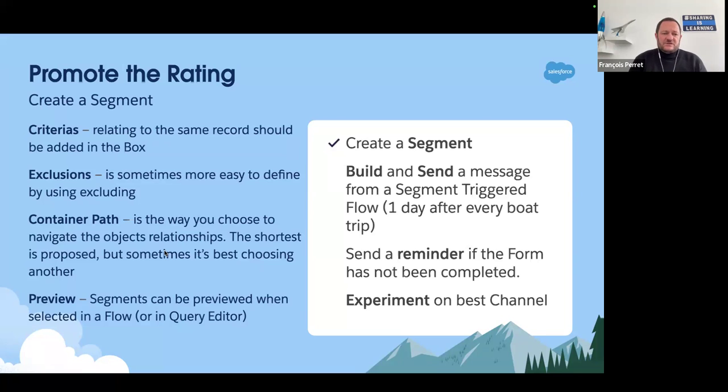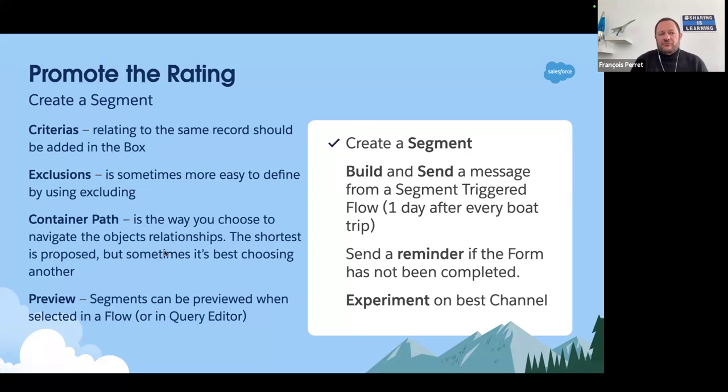Container path is something which is quite advanced, because when you are going down the data model, there may be several paths to go from one object to another object, and so you may select it that way. It's recommended to take the shortest one, but sometimes it's not the right choice, and so we had to modify it so that we actually have the segment members that we need.